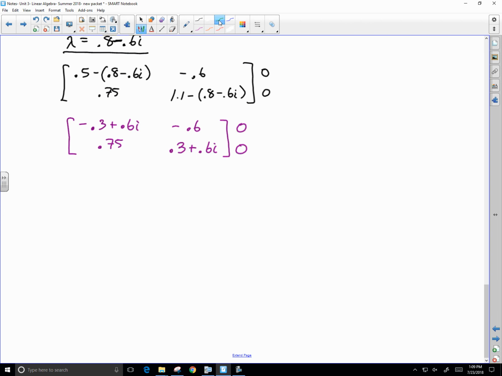All right, so I want to get this into reduced row echelon form, so I need to make that a 1. I'll make that a 1, because eventually we're going to have to address the elephant in the room. So why not, right? So we can divide out.